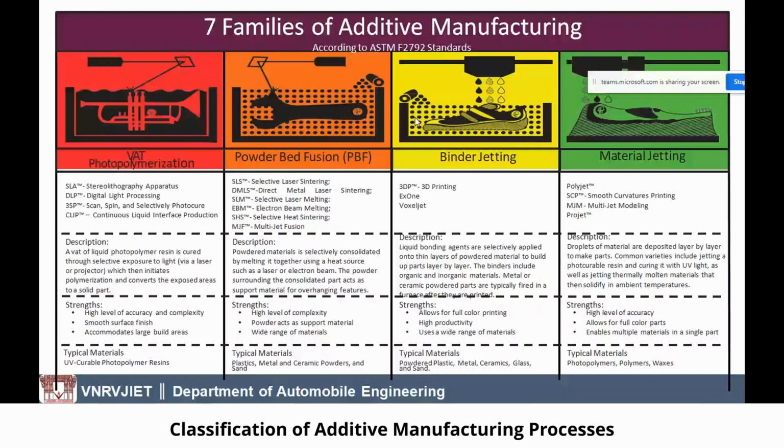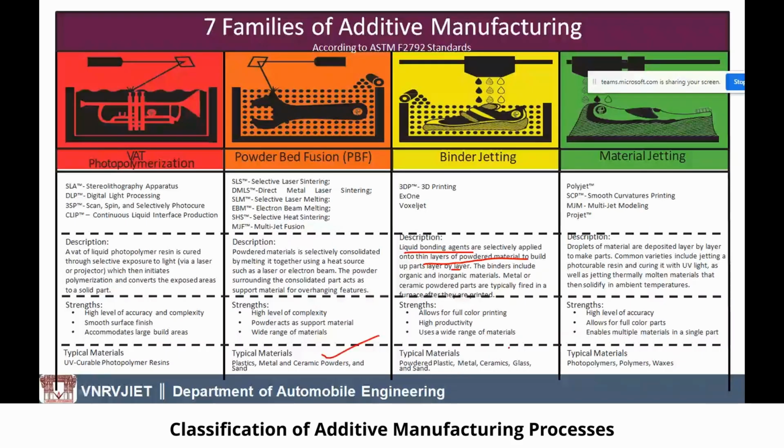You can see here, liquid bonding agents are selectively applied onto thin layers of the powder to bond parts layer by layer. Here the powder is the same powder we use in powder bed fusion, and we can manufacture the components.